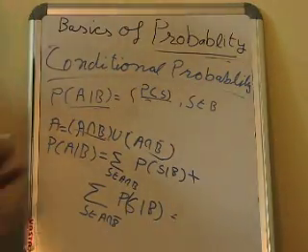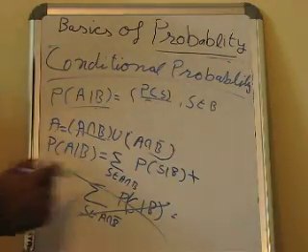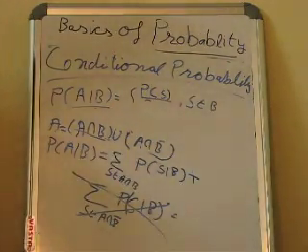Here it's A intersection B bar, so we neglect this term.